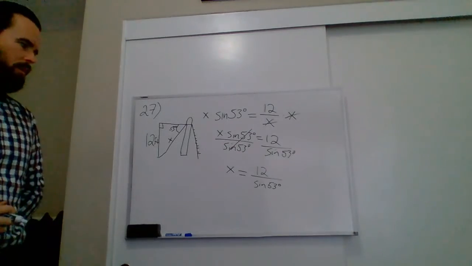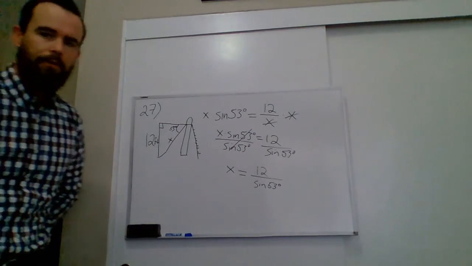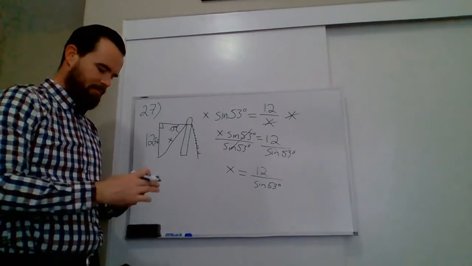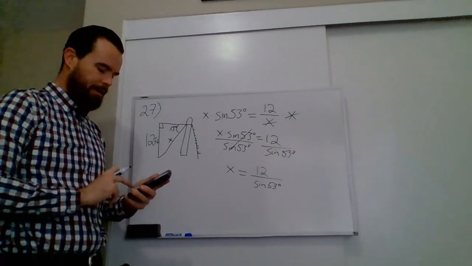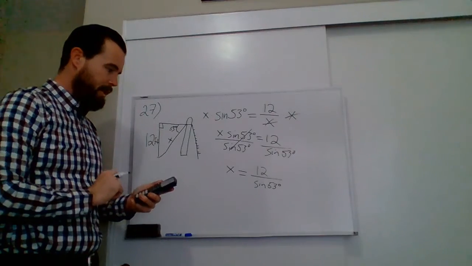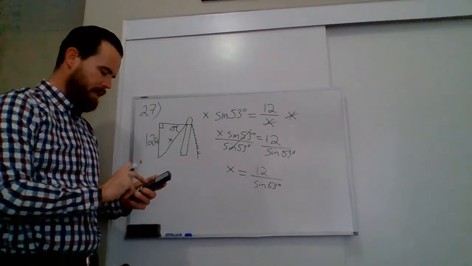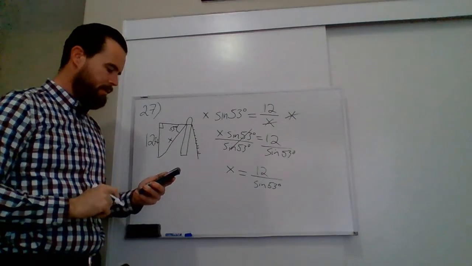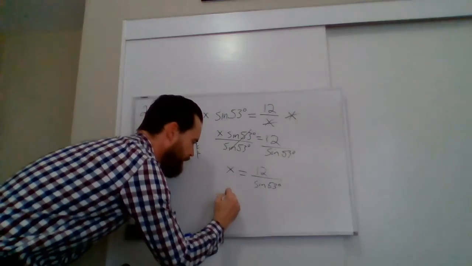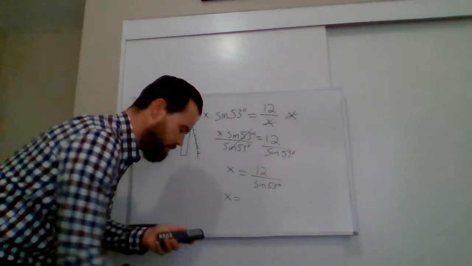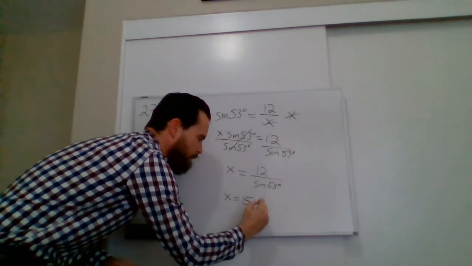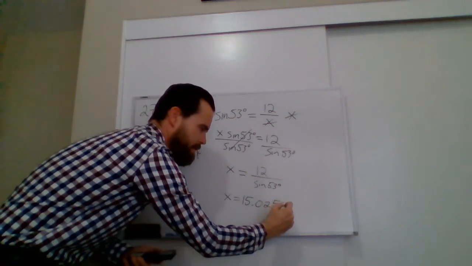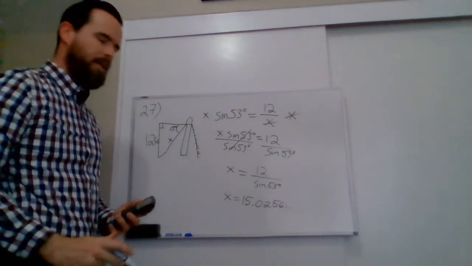And we have x equals 12 divided by the sine of 53 degrees. Perfect. Now we have our calculators one more time. So we type in 12 divided by sine of 53 degrees. We get x equals 15.0256, and that keeps going.